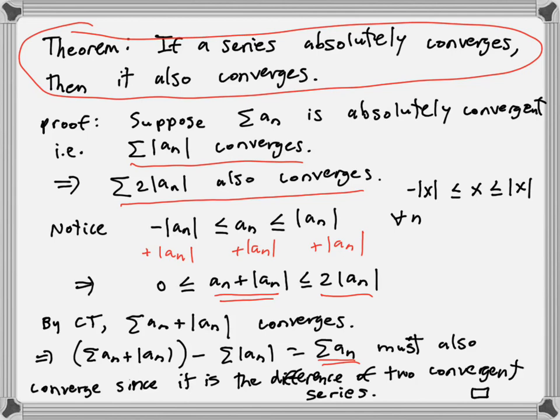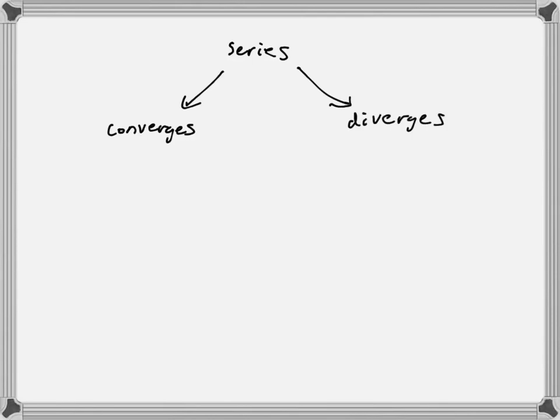Okay? So, here's what we have learned from this. There are two choices here. For any series, either it converges or it diverges. But in the world of convergent series, we have absolute convergence or conditional convergence.